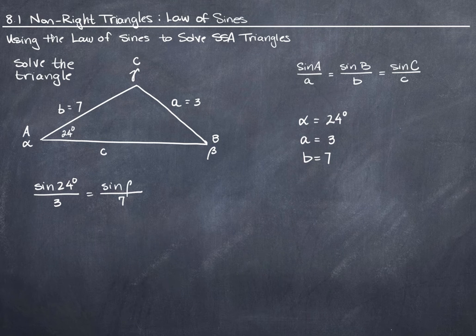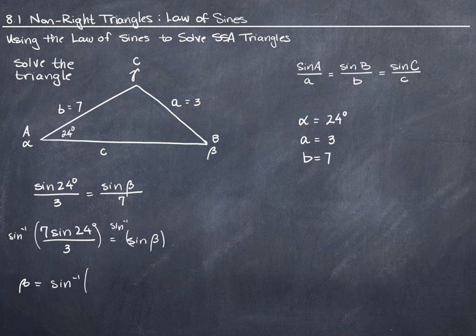Then using algebra, I can rewrite this as 7 times the sine of 24 degrees all over 3 equals the sine of beta. Now, I want beta, so I'm going to take the inverse sine of both sides of this equation. And that gives me beta equals the sine inverse of whatever this works out to be.